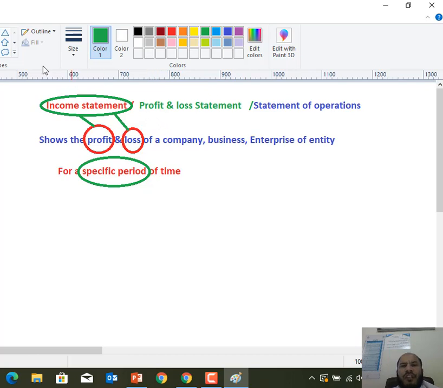We may also say that it shows us about the profit of a company and it shows us about the loss of a company. So that's why it's called the profit and loss statement.